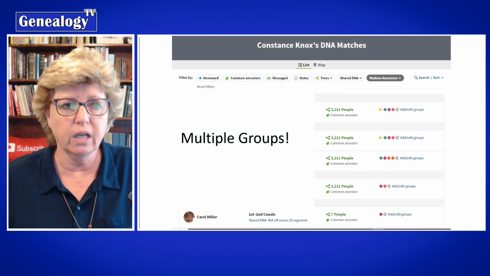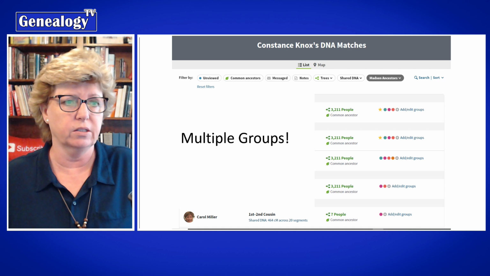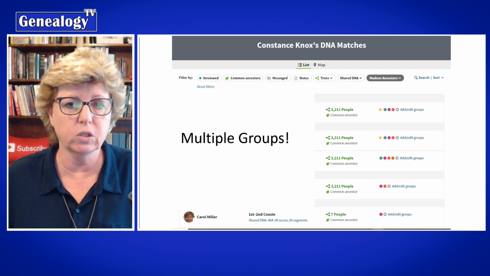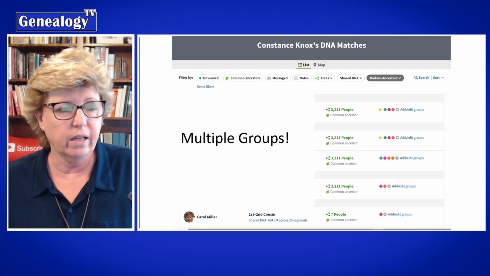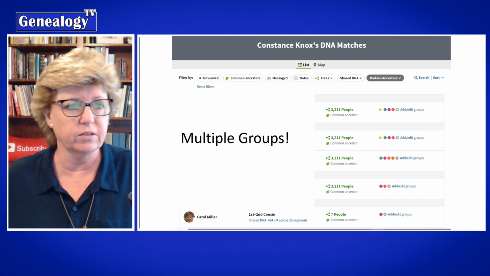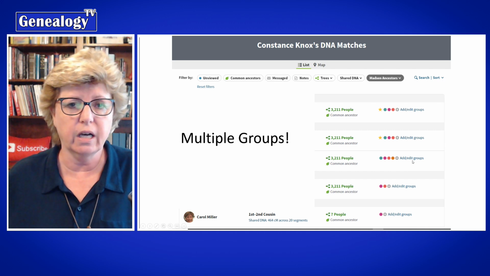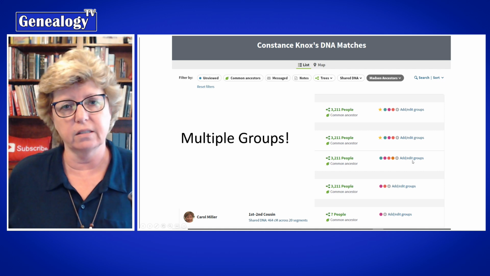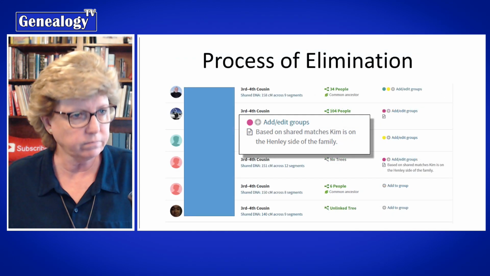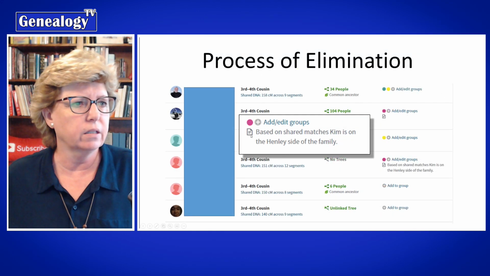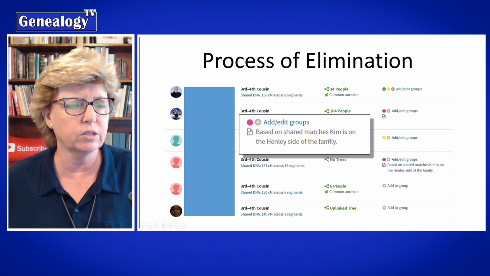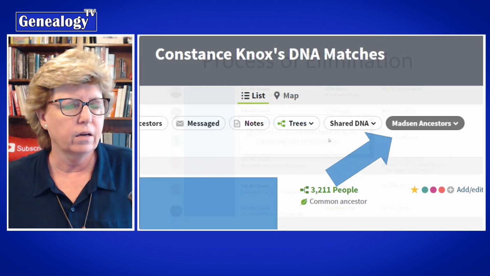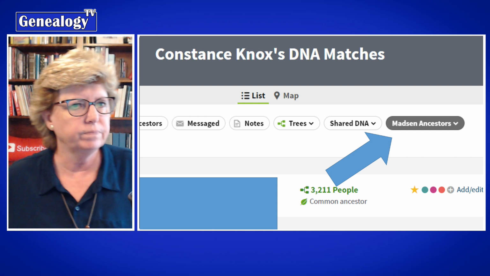So by the time I'm done, some of my cousins might have multiple dots next to them. Here you can see, while I've blocked out their names, my sisters have multiple dots because they're descendants of all four grandparents, right? You can also click on the little button that has the little paper and add notes while you're in the cousin match level.